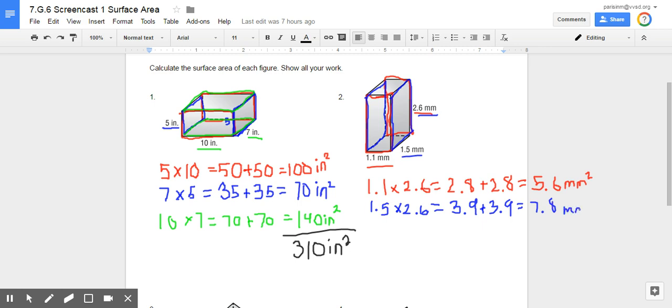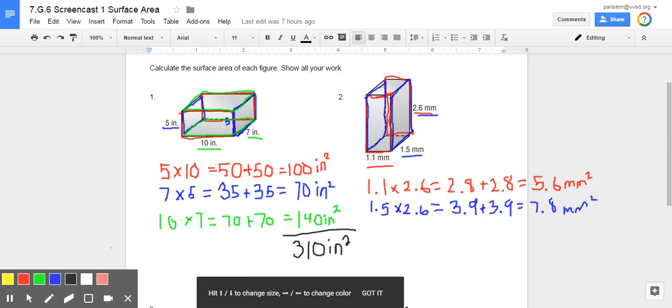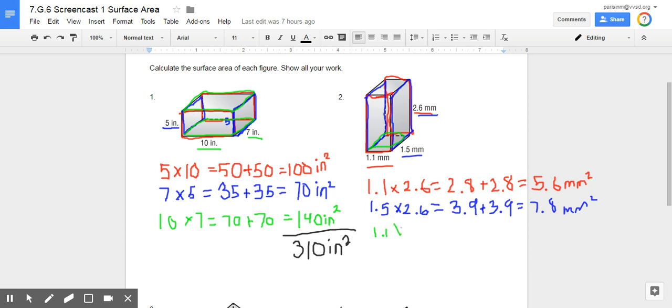And then the last one is the bottom one. In green, I'm going to highlight the bottom, which is the same as the top. We have 1.1 times 1.5. Then we multiply it and then double it to find the top and bottom.